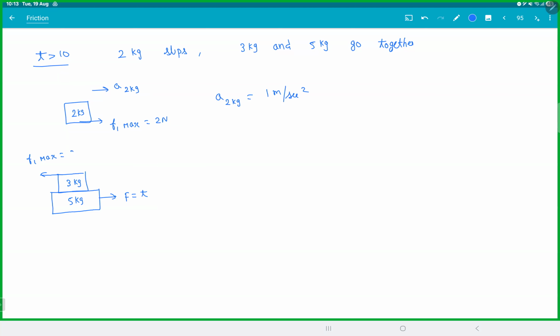This friction has become maximum, which is 2 newtons. Now assume these two are going together, and let's see when it slips.